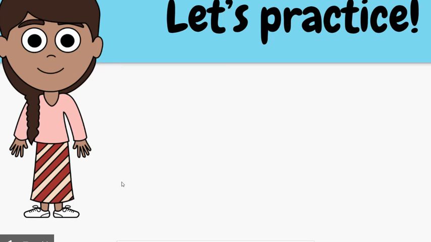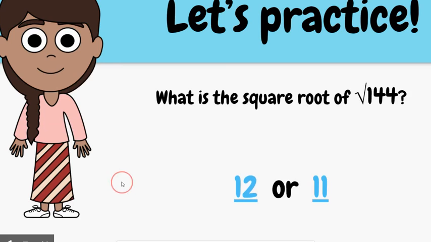Okay, so with that, I think we can do a little bit of practice. So, what is the square root of 144? Now, if you look on your calculators, if you're using your phone, if you turn your phone sideways, you should see a square root function.